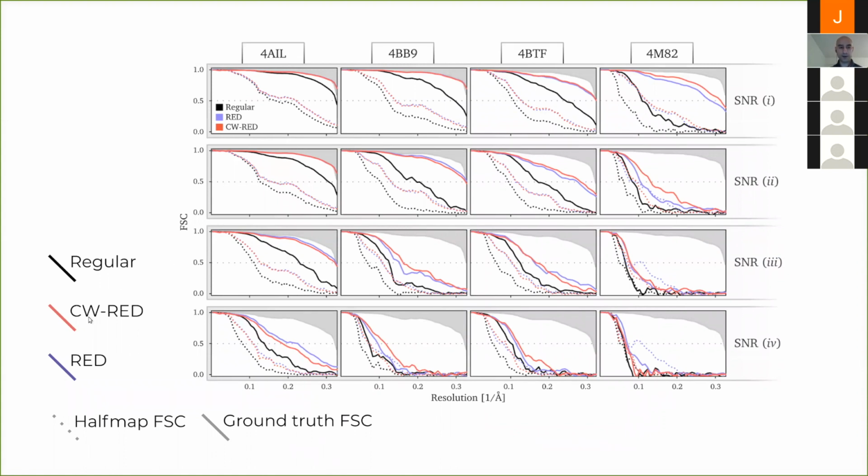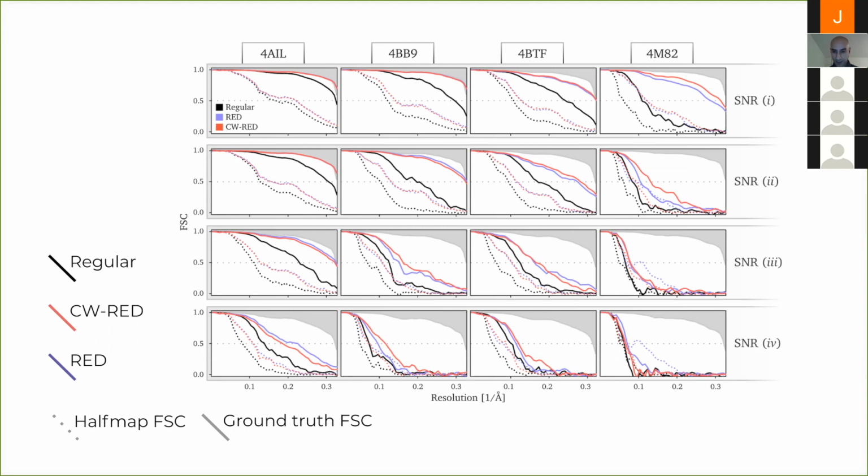Now, this is comparing the confidence weighted regularization by denoising with the ordinary regularization by denoising approach. You see that the red curve is pretty much the same as the purple curve everywhere. But if you look at the half map curves in these two difficult cases, you see that the half map FSC is much more elevated for the ordinary regularization by denoising.